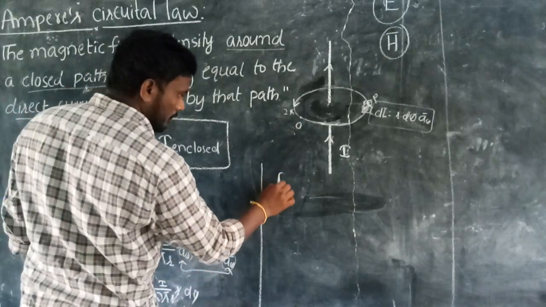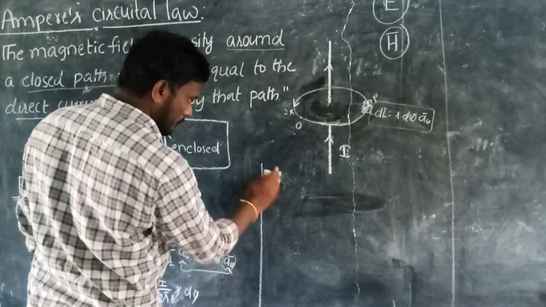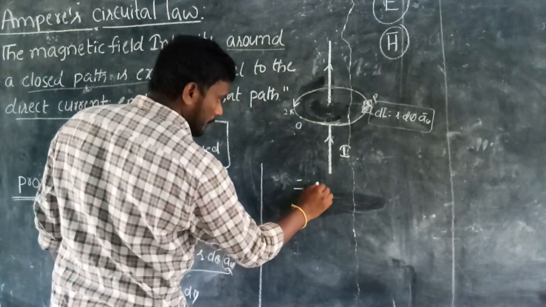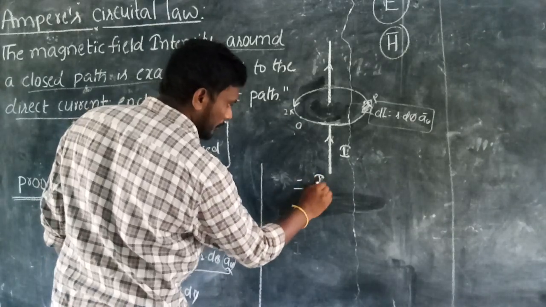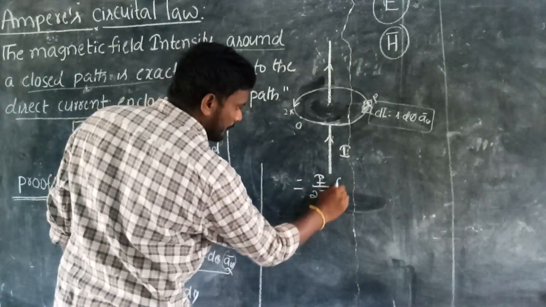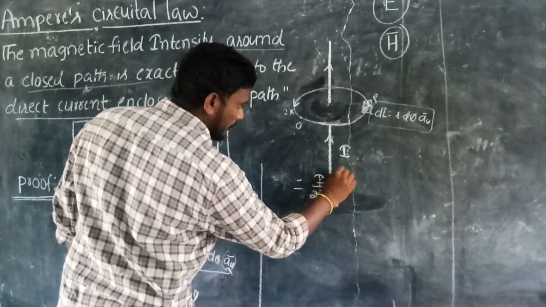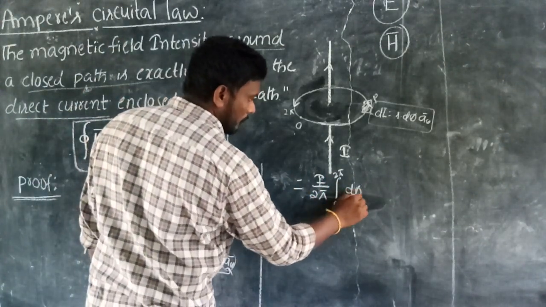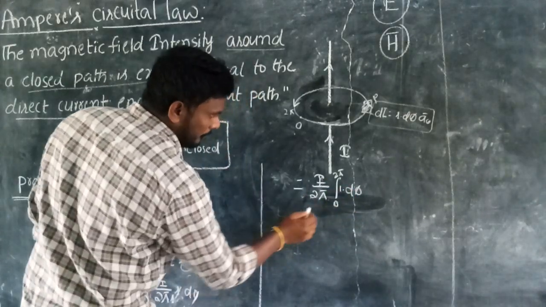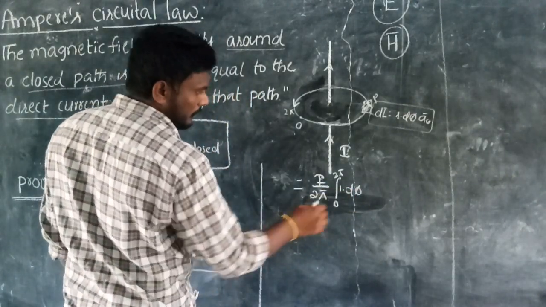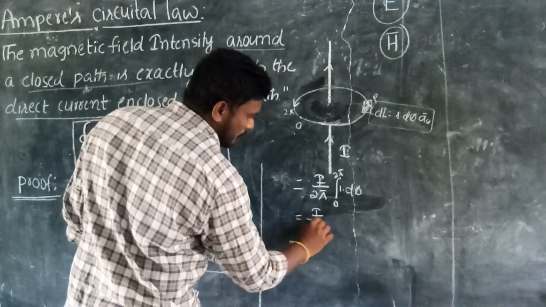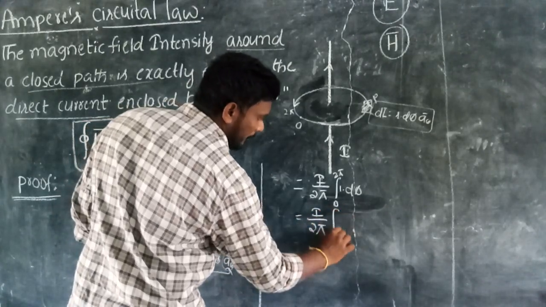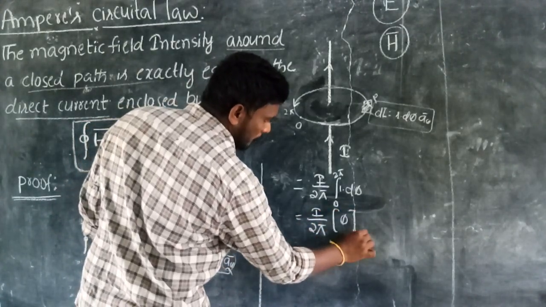Which is equal to I by 2 pi, integral from 0 to 2 pi, of 1 with respect to d phi. What is the integration of 1 with respect to phi? It is equal to phi, and the limits are from 0 to 2 pi.